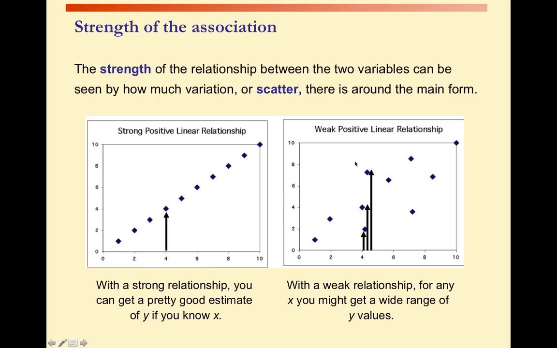Whereas here, I might put the top end of the belt here and the bottom end of the belt here, and you see the belt is kind of wide, and so that wide belt means more variability, and so it's weaker, but nonetheless still a positive relationship, because if you look at the belt, it's kind of a hill going upwards.